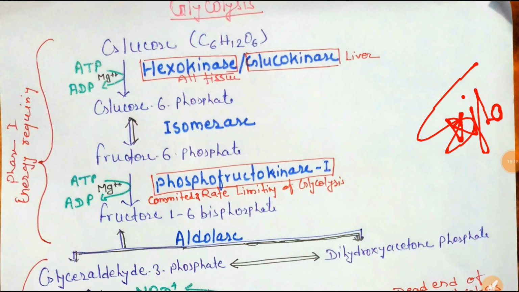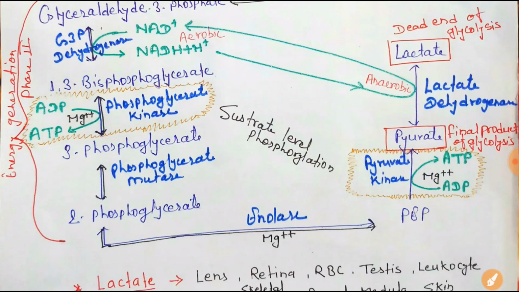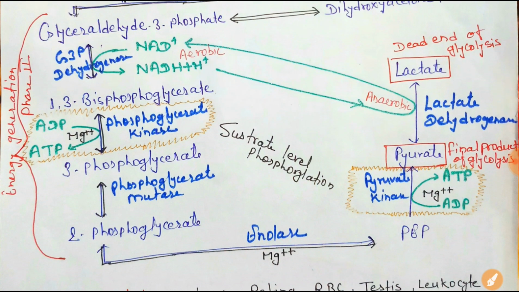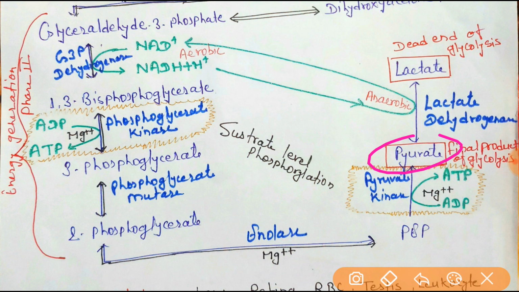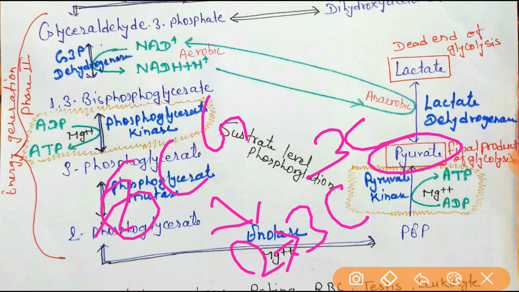Next, the glucose is a 6 carbon atom compound which is converted to pyruvate, which is 3 carbon atom. That means 6 carbon glucose is converted to 2 molecules of the 3 carbon atom, that means 2 molecules of pyruvate.